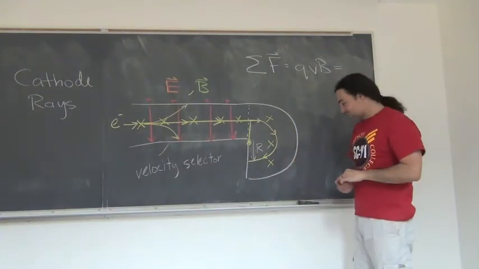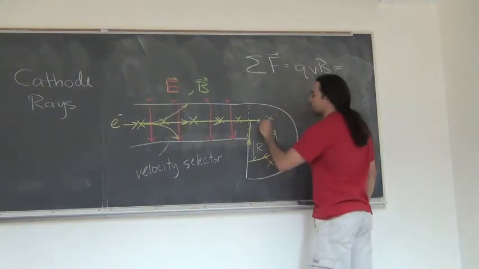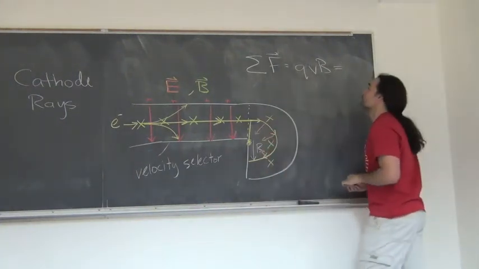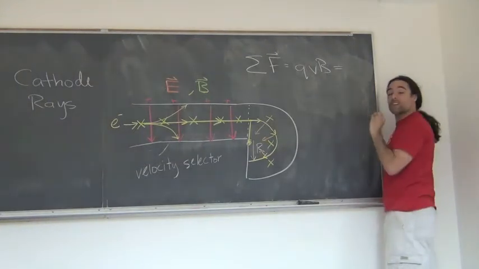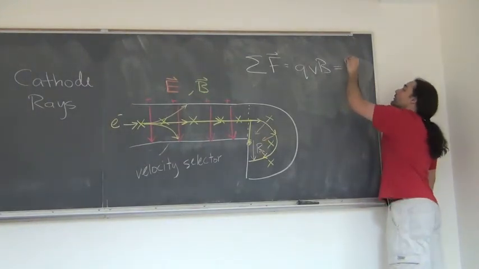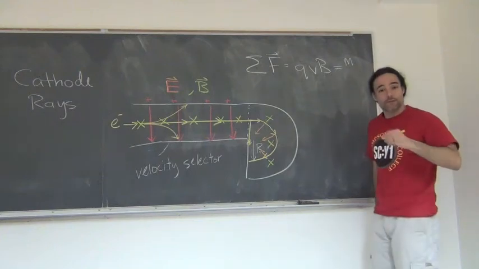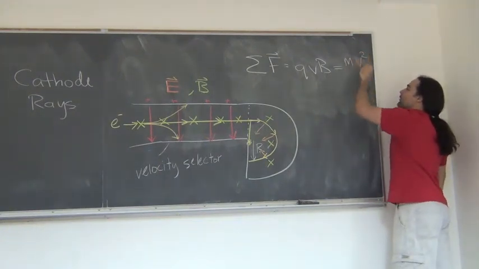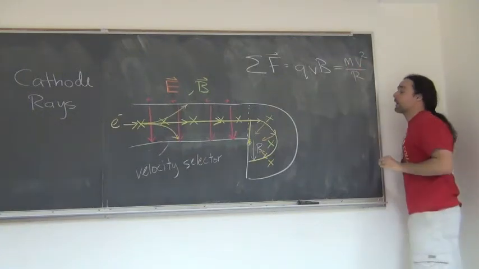And we clearly have an acceleration here because we're undergoing circular motion, so our acceleration is always toward the center, which means our net force should be a centripetal force. The centripetal force is the mass times the centripetal acceleration. So that's the mass times the velocity squared over r.